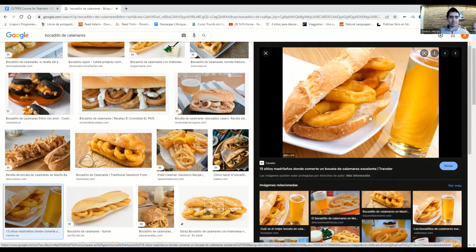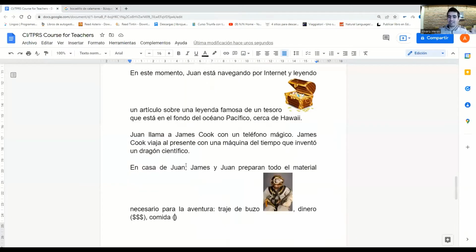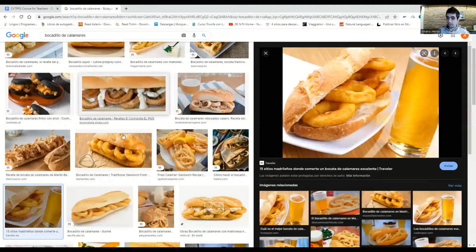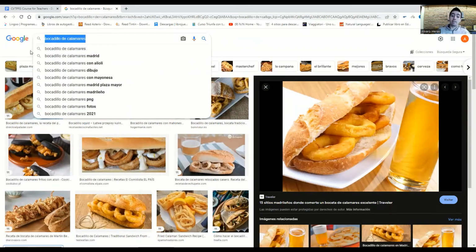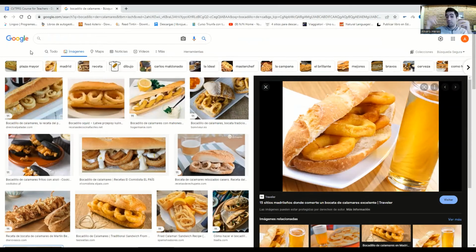Oh, perfect. So, in this case, you know it, right? But if your students don't, you can even talk about your culinary culture, if you may, right? I don't know, just imagine you have students from a different country, so you can actually tell them about your typical dishes from your country, right?